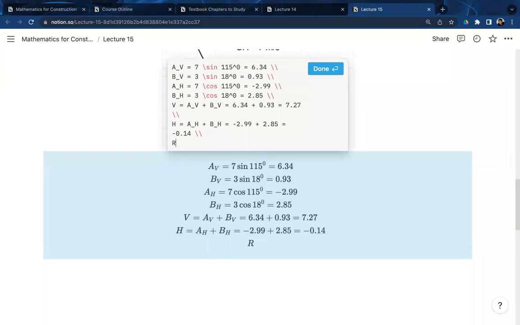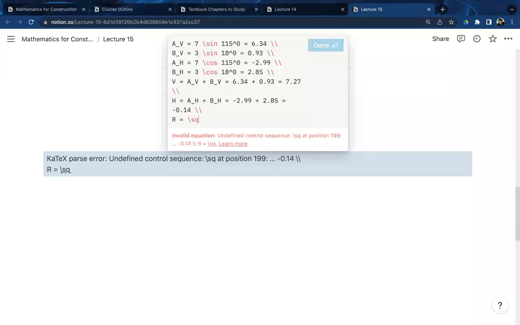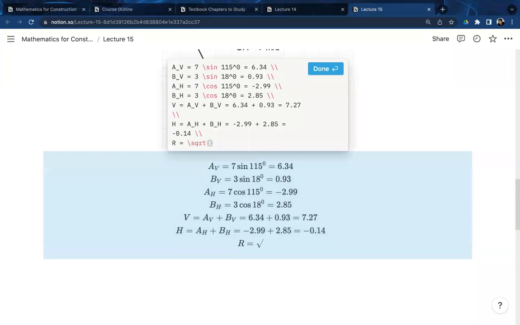So R equals the square root of v squared plus h squared.